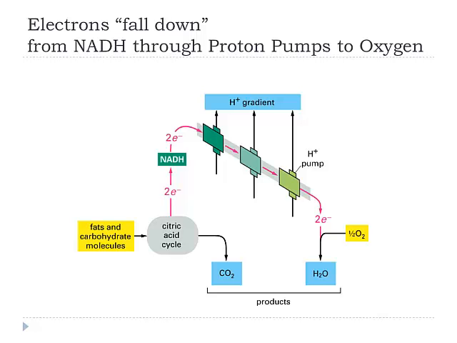Okay, so each one of these steps, and there are three major protein complexes that carry out the pumping of the hydrogen ions out as the electrons pass from molecule to molecule. The last one of which holds on tightly to oxygen until it receives those electrons.